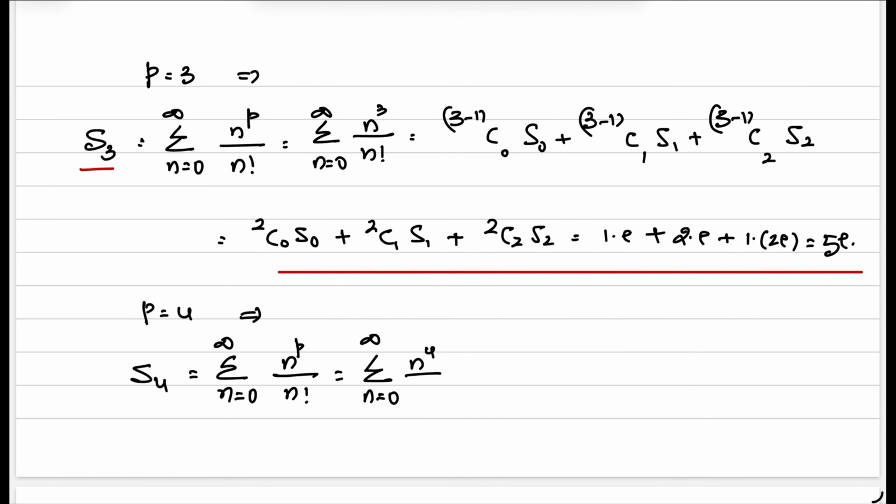n to the power of 4 by factorial n. n to the power of 4 means 4 minus 1 is 3C0 into S0 plus 3C1 into S1 plus 3C2 into S2 plus 3C3 into S3.